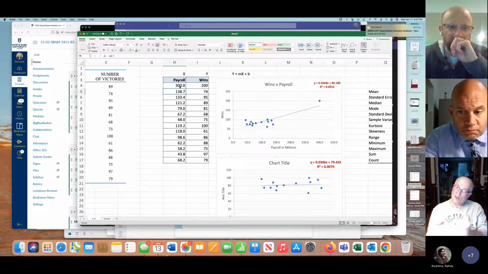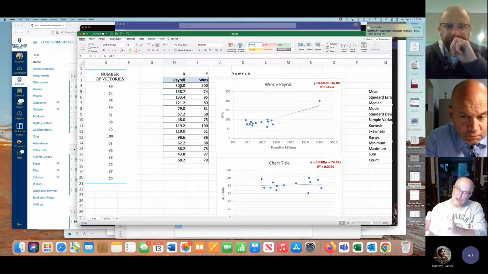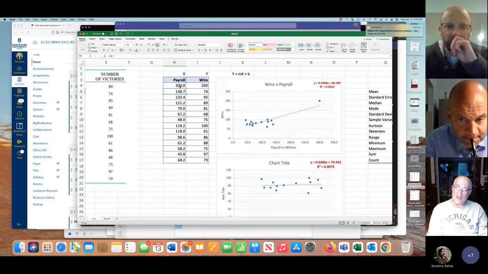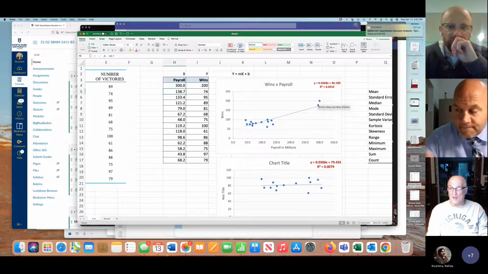See how that one point drags the regression line to it because it's so far from the rest of the data? And notice I went up to now explaining 69% of the variation in the data with this, because this one point dominates so much.